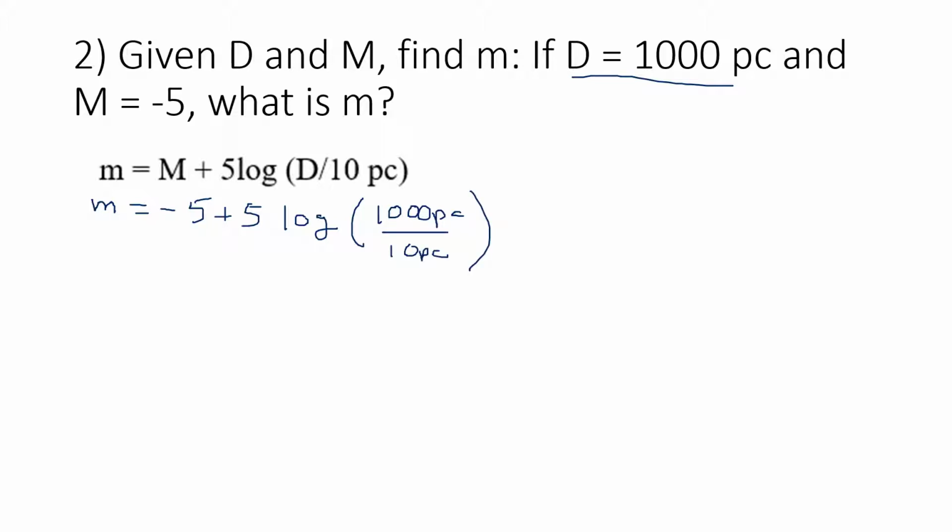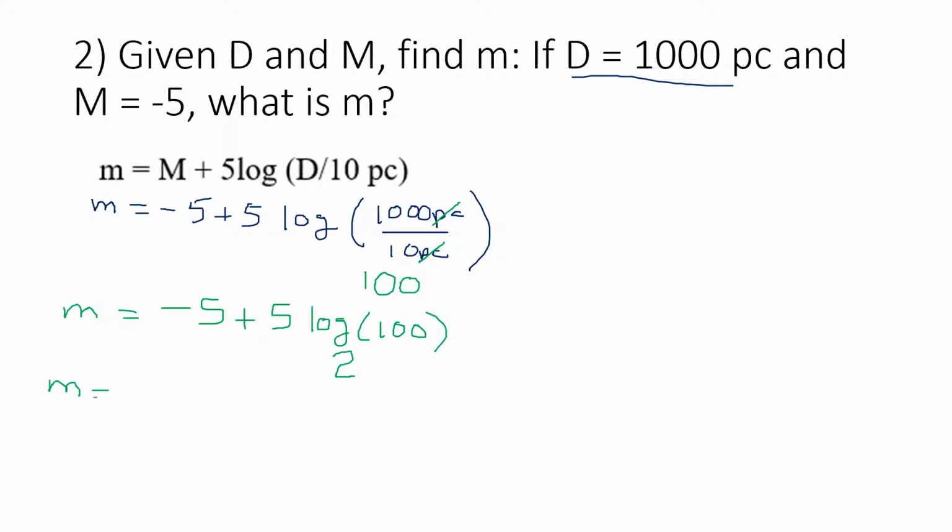So when we do that, the parsecs cancel, and it leaves us with 1,000 divided by 10, which is 100. So now we need to figure out what the log of 100 is. If you plug that into your calculator, the log of 100 is 2.